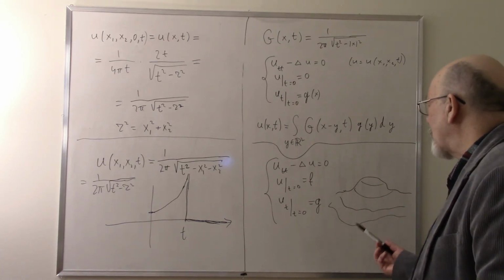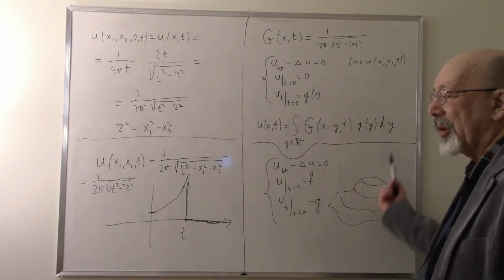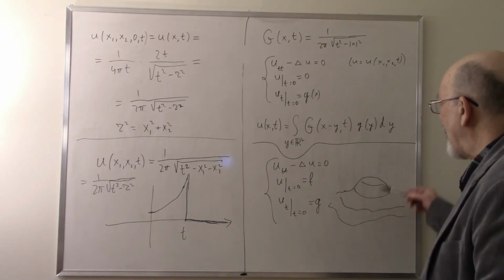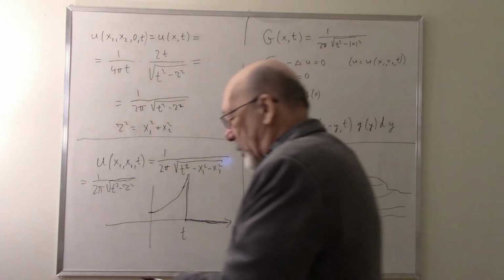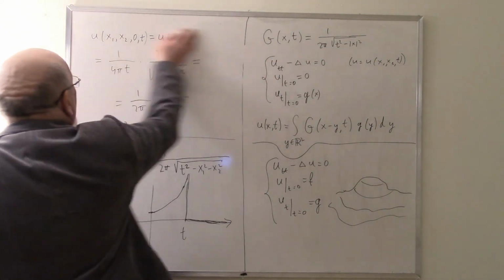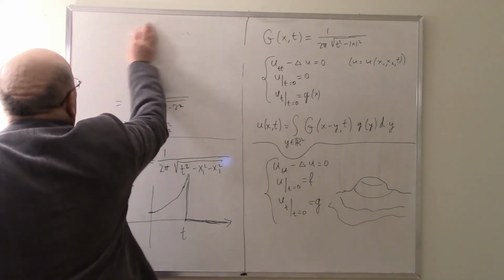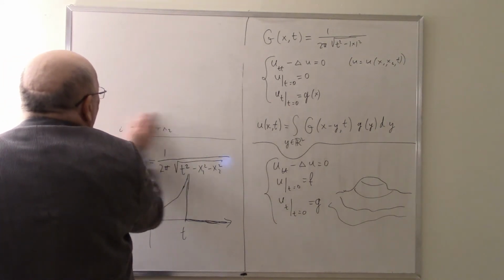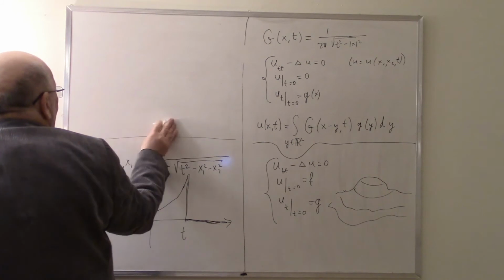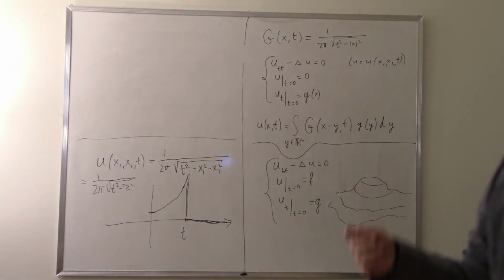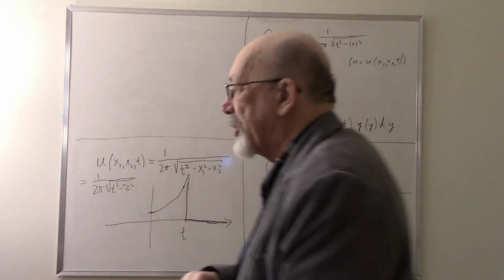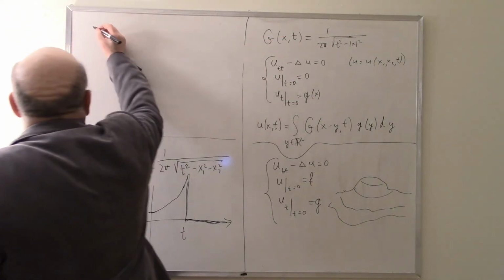And we also gave an initial velocity, vertical velocity at every point, like in the case of a string. Then you have the same formula as in the case of a string and in the case of the three-dimensional wave equation.